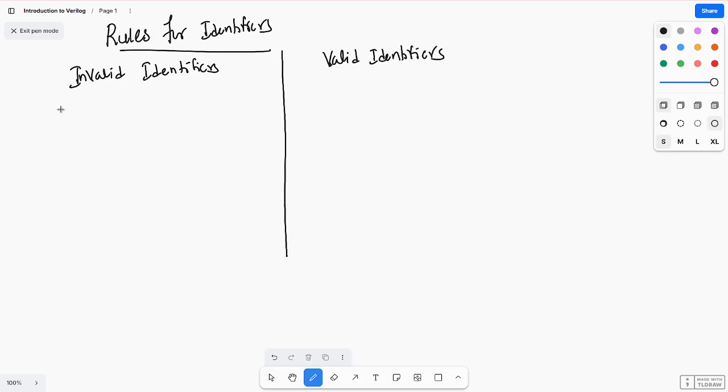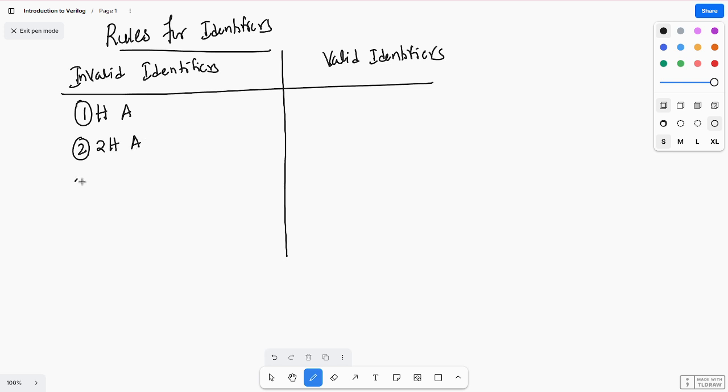Here we are writing for half adder. So what are the invalid identifiers? There is no space allowed between two letters, like H space A. It should not start with a number, like 2H space A, or 2HA.